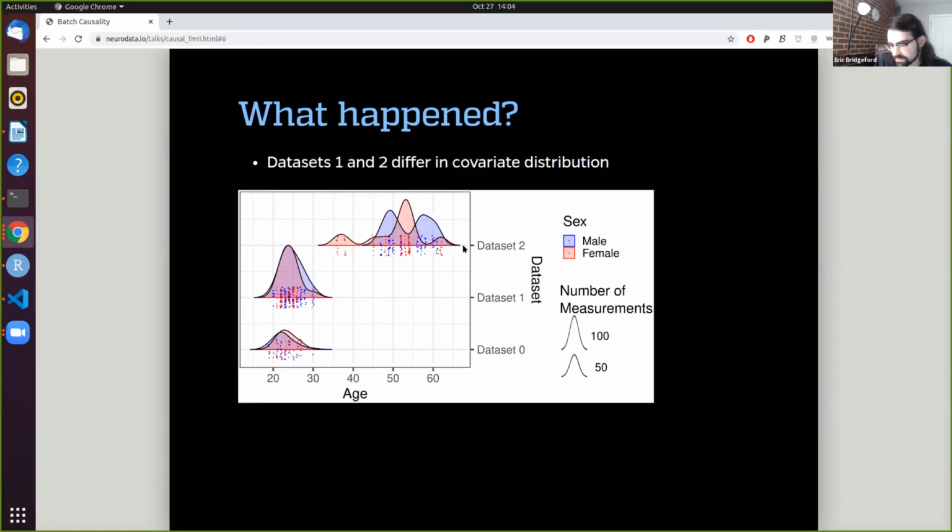In this case in particular, as you can see, the age ranges of the individuals are totally disparate between the two data sets. I can subvert this problem somewhat by doing things like, quote unquote, adjusting for age and sex. But the problem I run into there is that it can end up aliasing the signal of interest that you actually want to measure, which would be the actual batch-related effect.